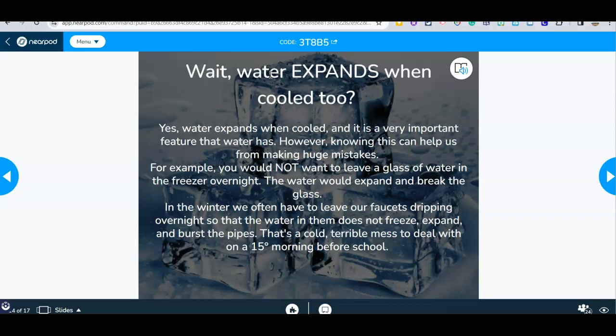It's a wreck because the cans expand and explode, and then all that carbonation and soda goes everywhere, and they come out to an absolute mess in the mornings. You cannot let things that are enclosed with liquids in them that have mostly water do that, because they'll expand and freeze, especially the pipes in your house. Not fun, not cool to deal with on a 15-degree morning when the pipe bursts and you have to crawl into your house before you come to school. Not a lot of fun at all.